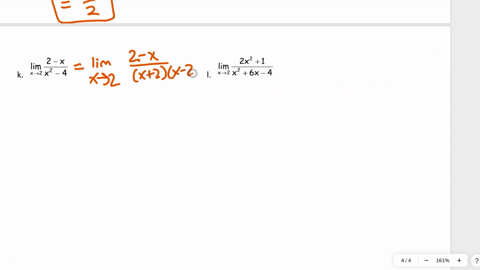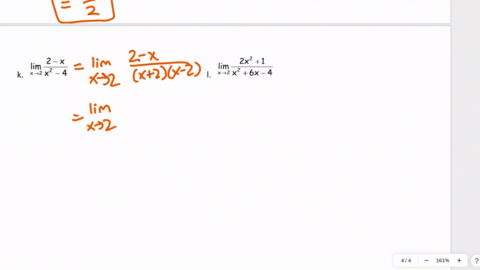times x minus 2. Now, you might be thinking, well, hang on a second. Like, we don't actually have anything that can cancel here, right? We don't have the same factor on the numerator and the denominator, although we do have 2 factors that look very similar. We've got the 2 minus x, but on the denominator is x minus 2.